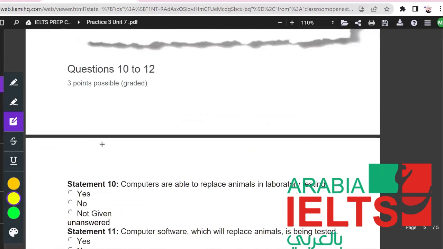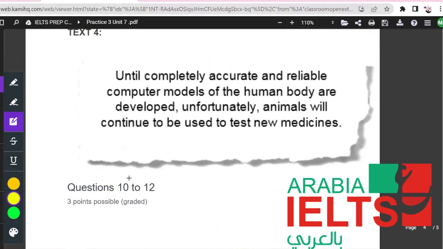Okay, computers are able to replace animals in laboratory testing. Yes. Computers are able to replace animals based on the writer. But we can use it. But we need to modify the until. Does until mean that they can use it? It's not. It says unfortunately at the end.